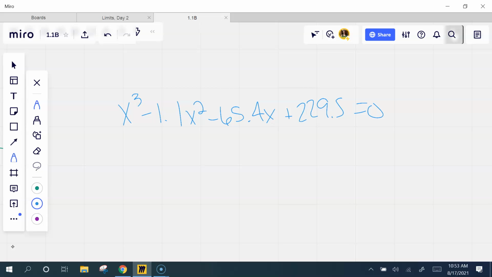Grab that and see what it looks like. Put it on a regular Zoom 6 window when you do it, so a 10 by 10 window. You're going to get something that looks kind of like this if you just do a 10 by 10 window.